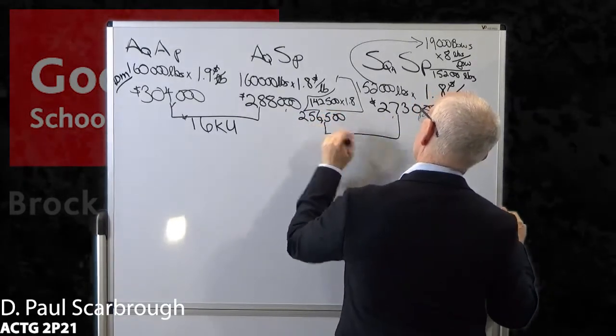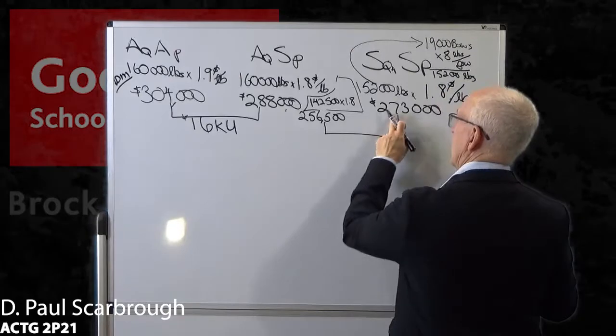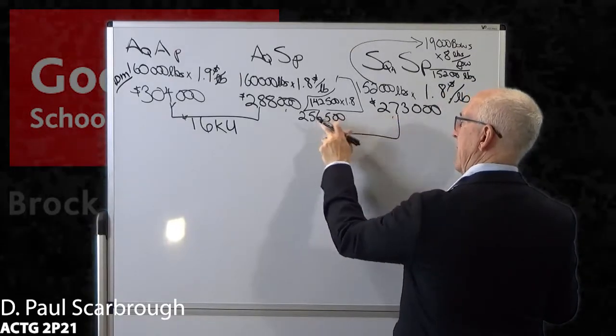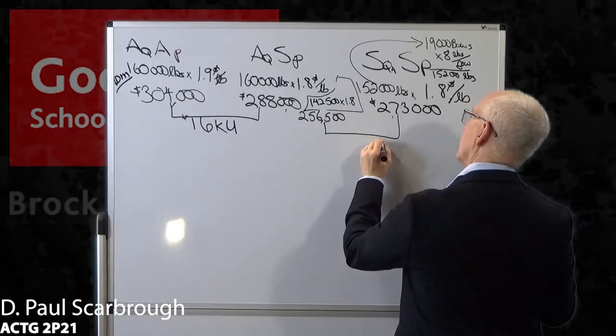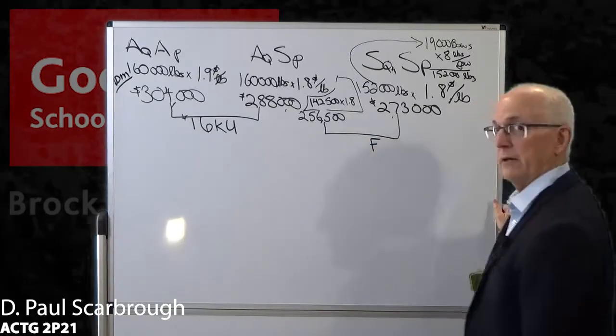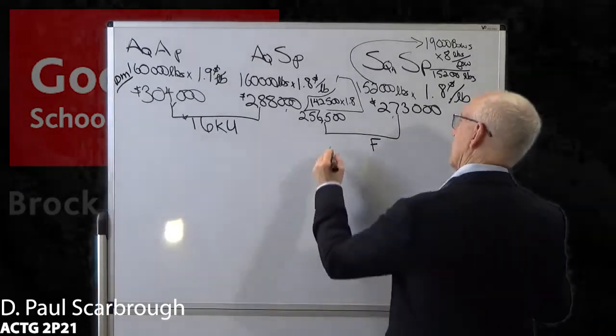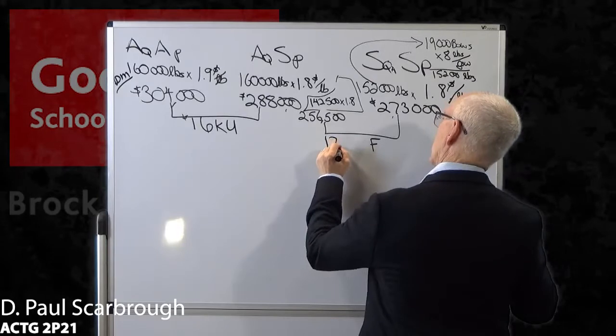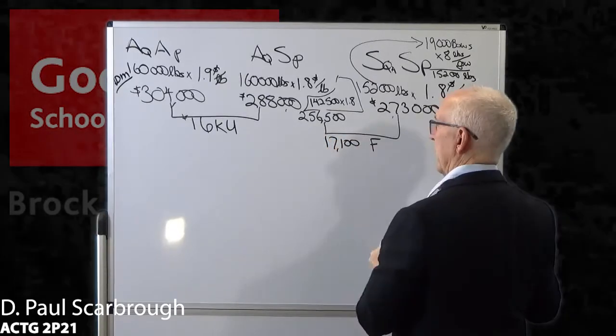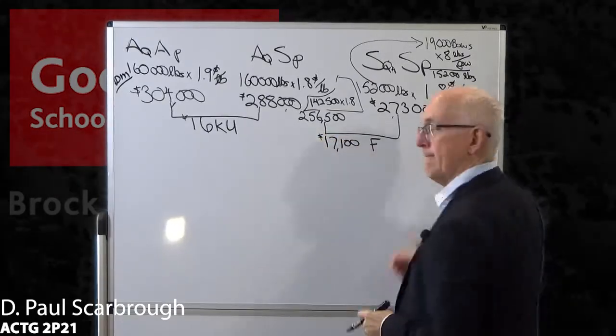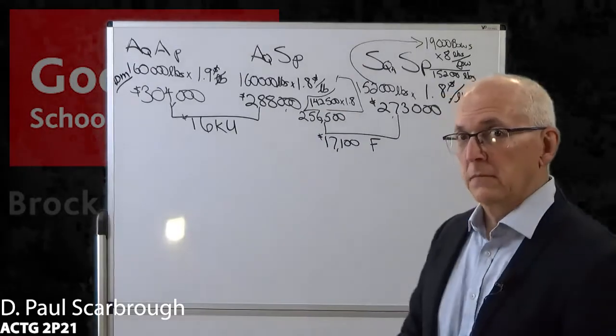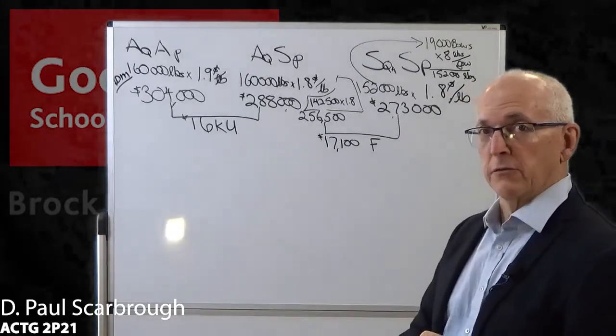If I look at the difference between these two, this minus that is a positive number, so this is a favorable variance, and the difference is the $17,100. Okay? So this then is the first set of variances for direct materials.